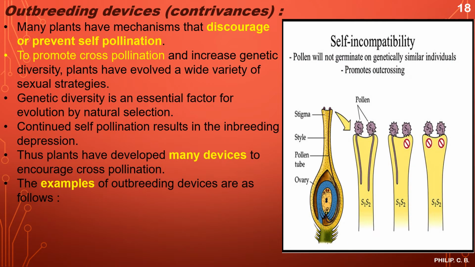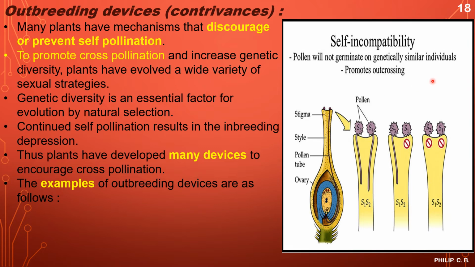Now, moving further to the outbreeding devices, the detailed explanation of it. Here, outbreeding device or the contrivances. First you see the animation image, so it becomes easier to understand the meaning of contrivances. Self-incompatibility: pollen will not germinate on genetically similar individuals, which promotes outcrossing.